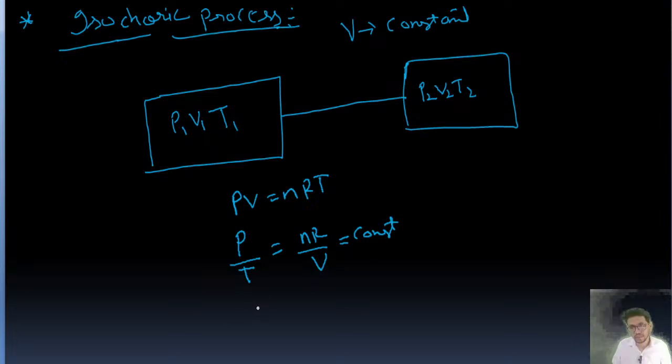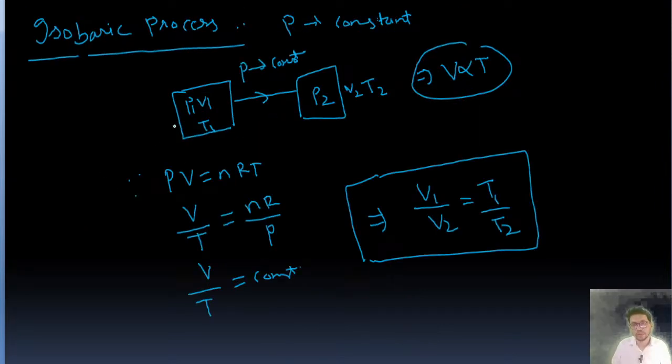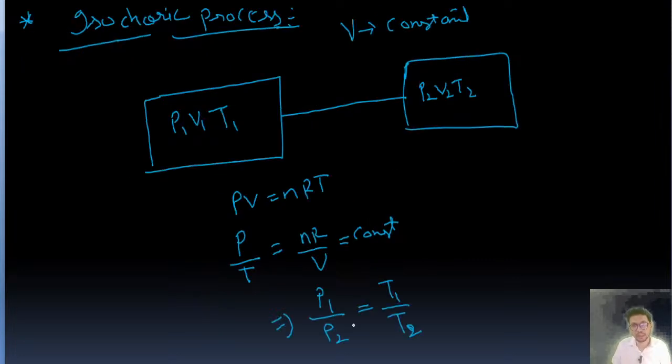So from here, P1 upon P2 is equal to T1 upon T2. In the isobaric process we have seen V proportional to T; here you can see P proportional to T, or P1 upon P2 equal to T1 upon T2.